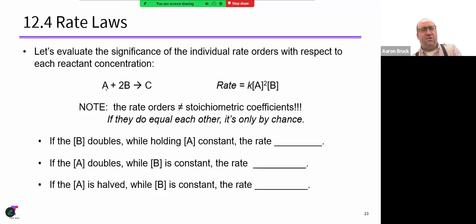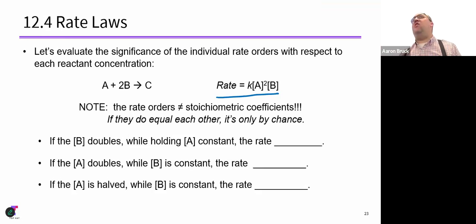So we've got a reaction between A and B to make C. The stoichiometry is that 2B react with A to make C. But the rate law is second order in A and first order in B. And so what we want to do is explore what happens to the reaction rate when I start changing the concentrations of these things.